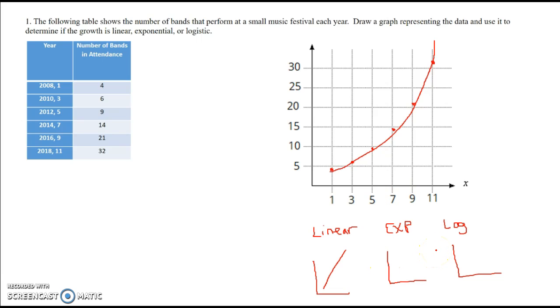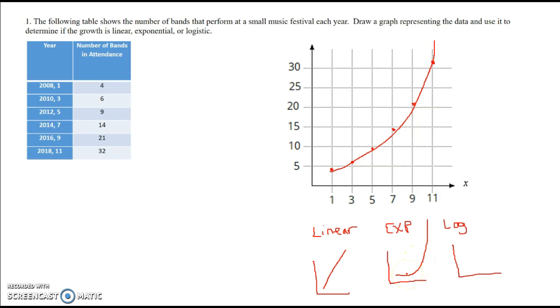Exponential growth is growth that starts out slow, and then as time goes on, something that's growing exponentially begins to grow more rapidly. So it starts out slow, and then it grows more quickly.